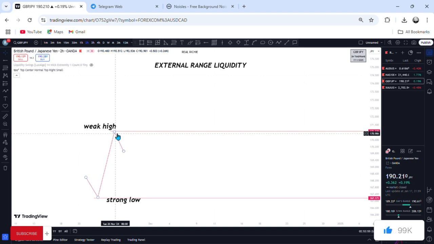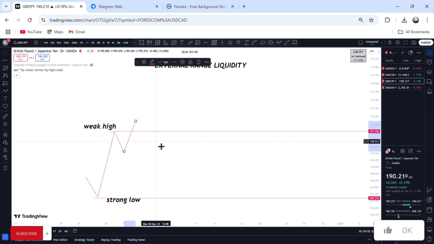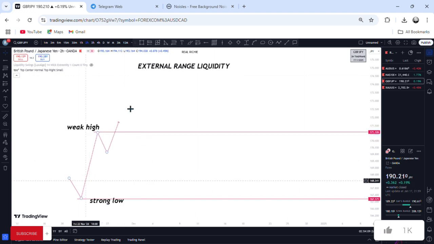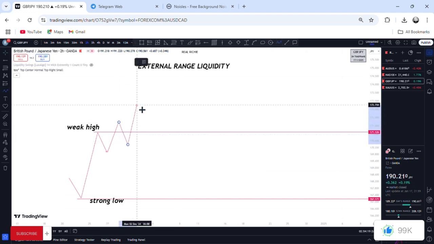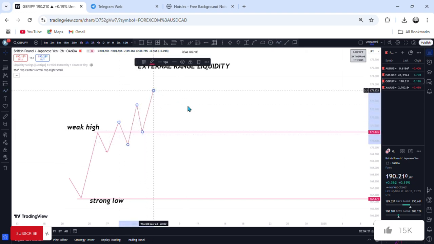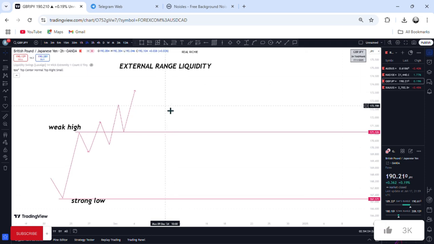Definitely, price will be moving up like this to clear it. But price can't come and clear the low. That's the reason why it's called a strong low, because it's an uptrend. So it keeps moving up, clearing all the weak highs. Price will be falling, then clear, fall, then clear, just clearing all these highs here.